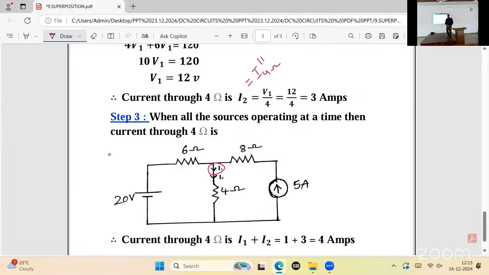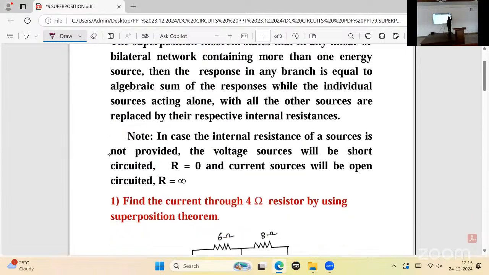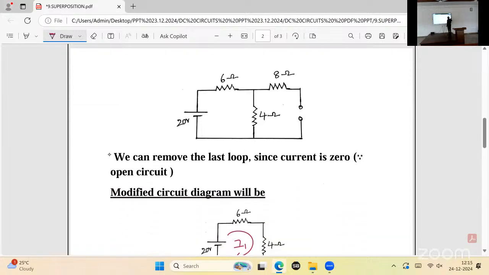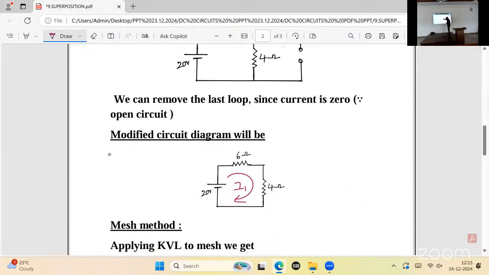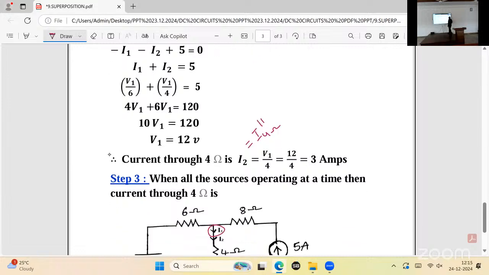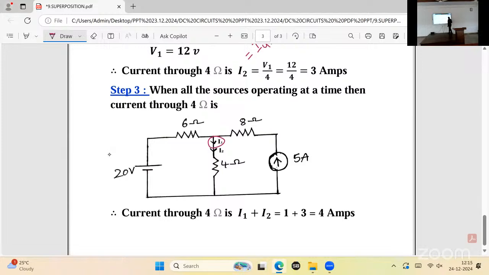Check this direction in step 1. I1 direction is downwards.